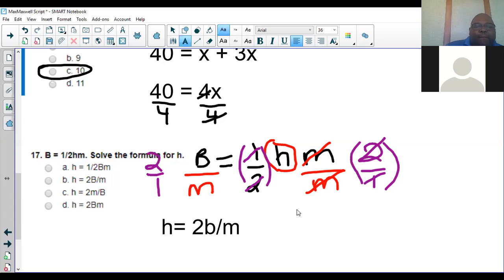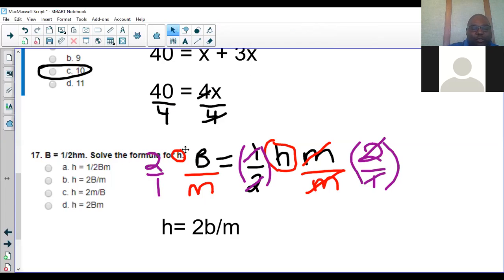Okay, so in order to get from here, where we started, to here, where we ended, we understand we're trying to solve for H. That's what they told us we were looking for in our directions. We're trying to solve for H, okay?